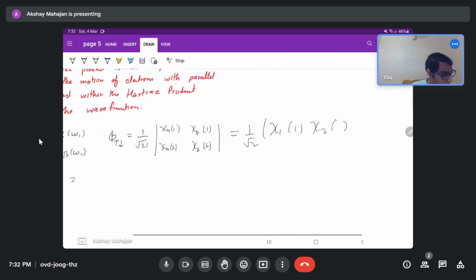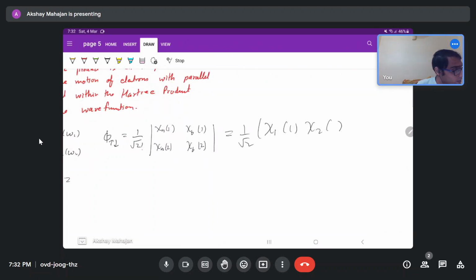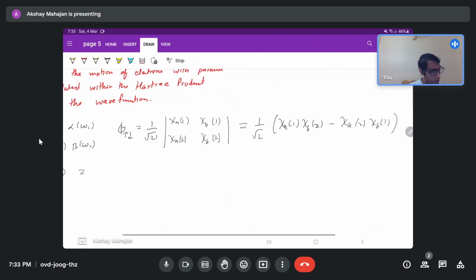All right, and what we will have is 1 by root 2, chi A of 1, chi B of 2 minus chi A of 2 and chi B of 1.